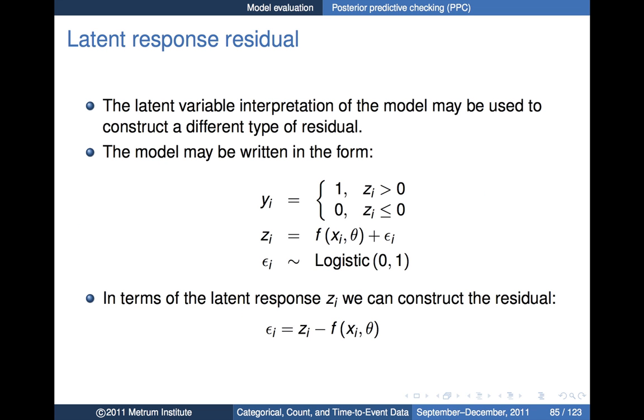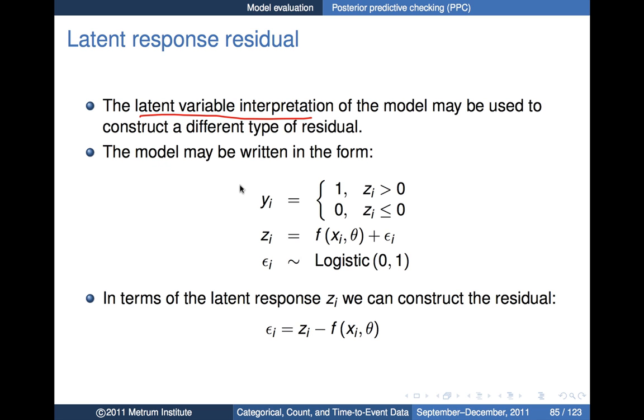Now the other category that they suggest is termed a latent response residual. This is based upon a particular so-called latent variable interpretation of the model, and we can use that to construct it.